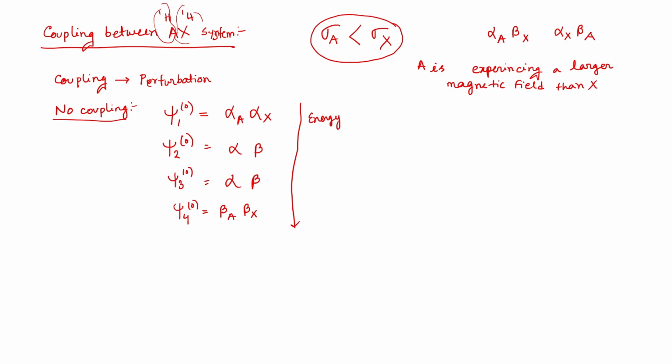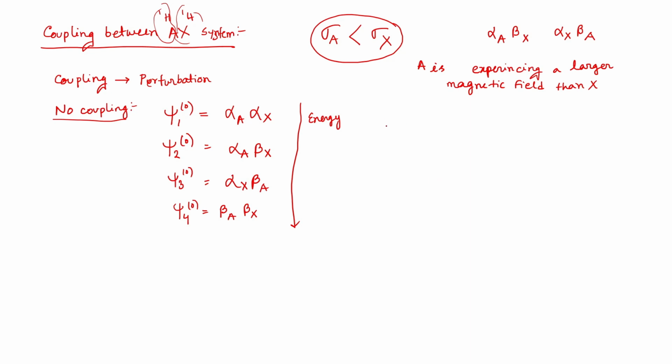So alpha A beta X will actually have lower energy than alpha X beta A, right? So alpha A beta X is going to be the second wave function, energetically higher than alpha A alpha X, and this is going to be alpha X beta A. That is what our wave functions look like, right?